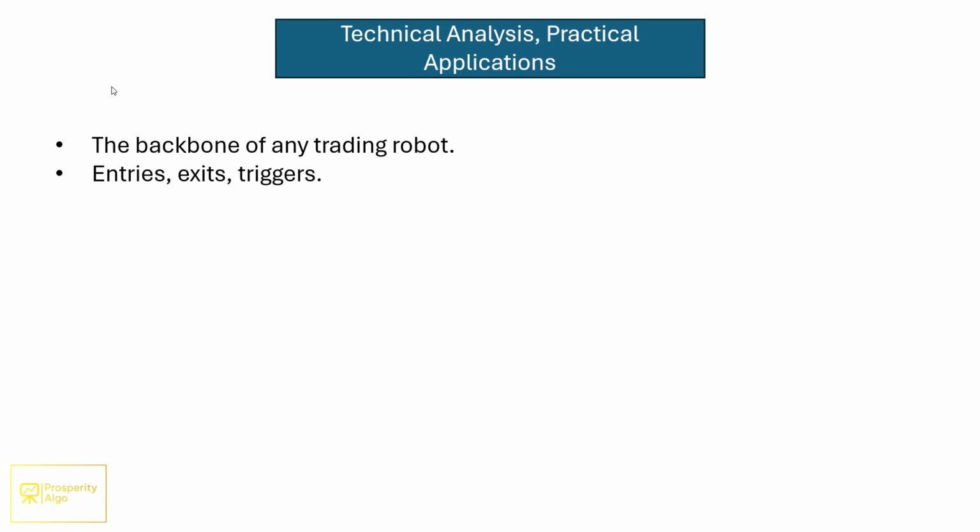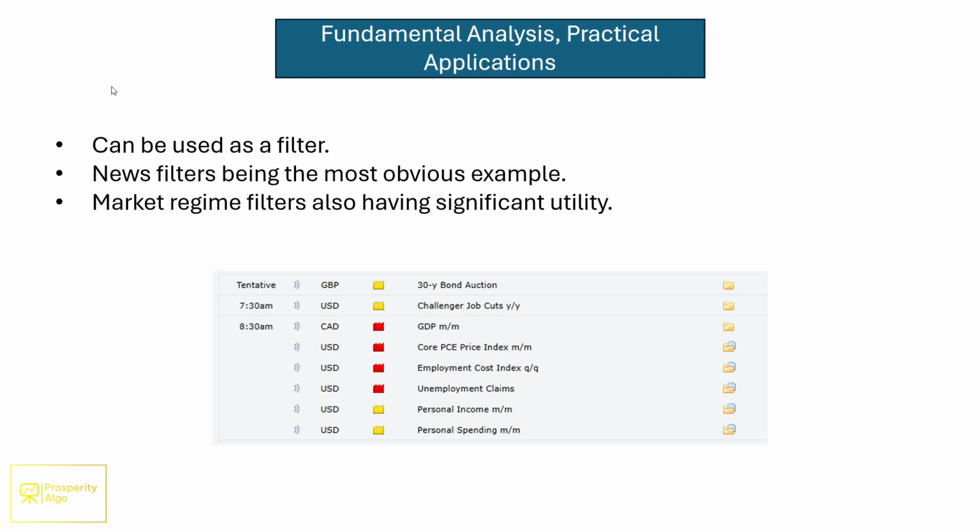However, where fundamental analysis can be very useful is it can be used as a filter. The most obvious example here are news filters saying, hey, there's going to be significant volatility during a CPI announcement, perhaps don't trade. However, you can also use it more as a market regime filter.